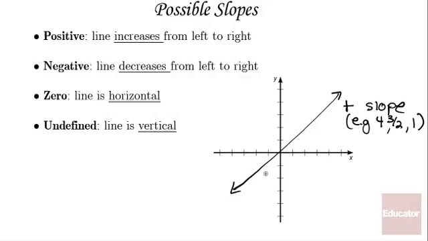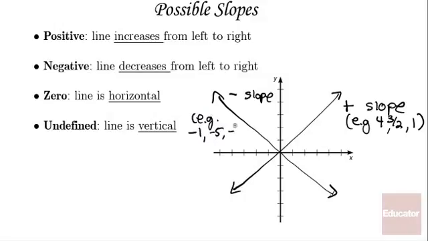If a line has a negative slope, then it's going to be decreasing from left to right. So this line would have a negative slope, such as -1, -5, -1/2. The steepness of these lines is determined by the absolute value of the slope.